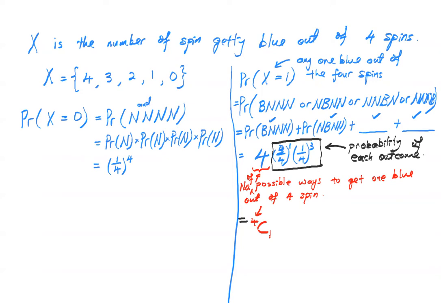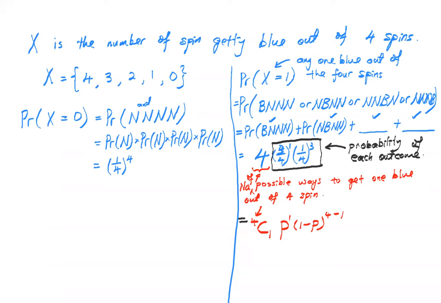So the first number in front of this. Then the probability for each outcome will be p to the power of 1, and here is 1 minus p to the power of 4 minus 1. Are you clear? So our p here is 3 over 4.